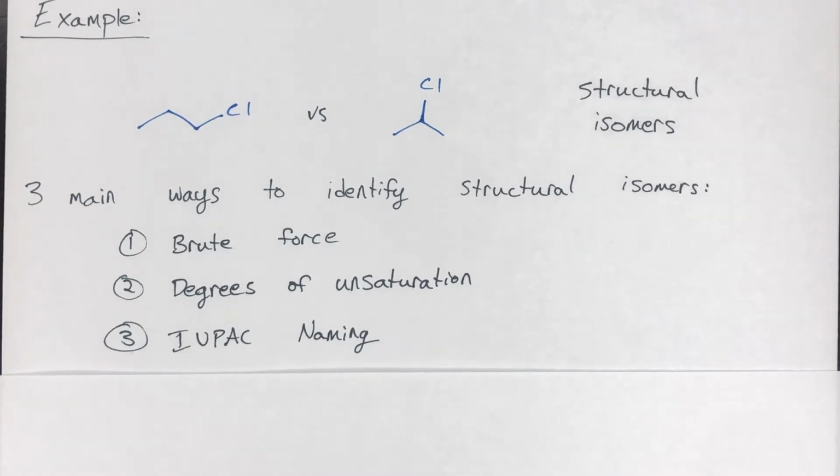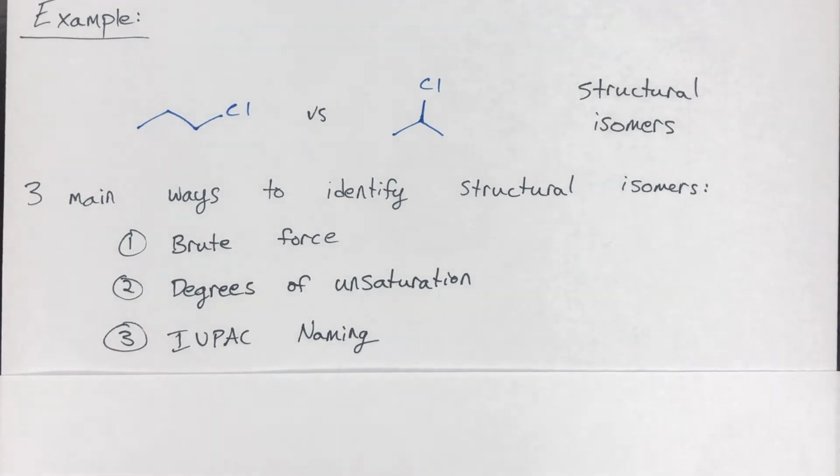The second way is basically the same as brute force. It just uses degrees of unsaturation to determine the number of hydrogens without actually counting all of them. So it's a little bit of a shortcut compared to the brute force way. Again, I'll get into the specifics of that, but you can count the degrees of unsaturation and determine the number of hydrogens rather quickly when you get comfortable with it.